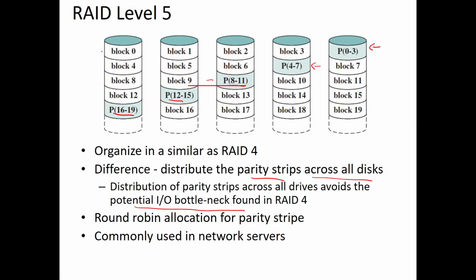Maknanya kalau dekat row tu, kita dah guna pada disk yang kelima, so the next row adalah pada disk keempat. Macam tu, dia even allocation. So kita gunakan round robin. So it is commonly used in network server. Okay. So itu adalah untuk RAID level 5.